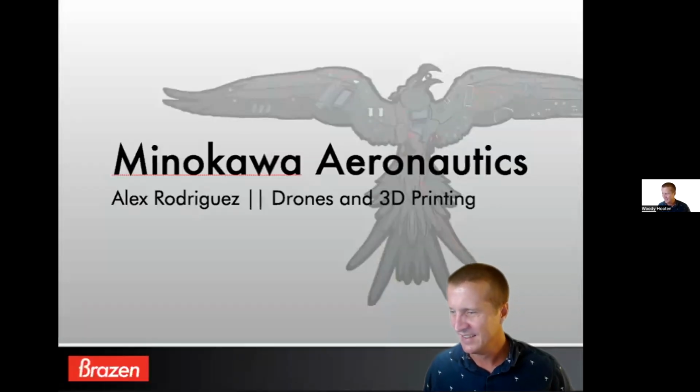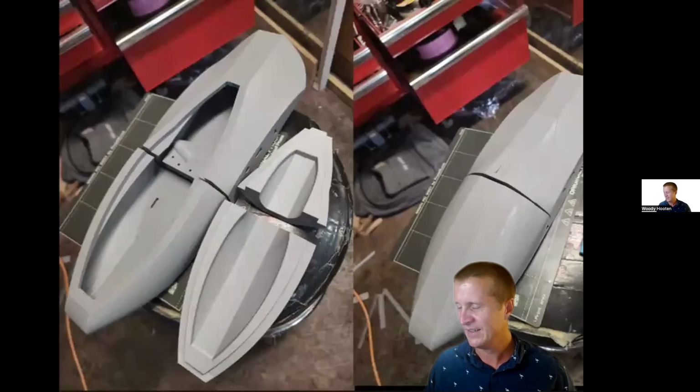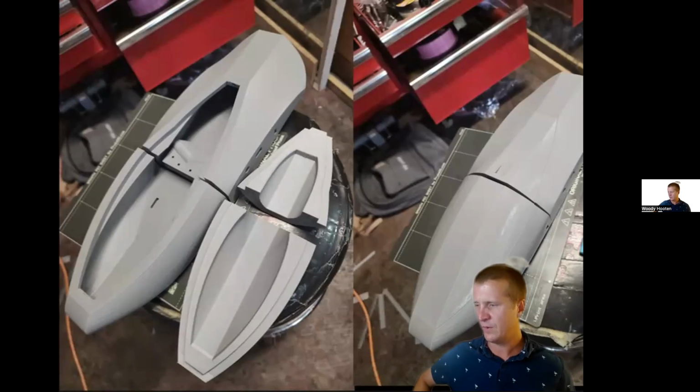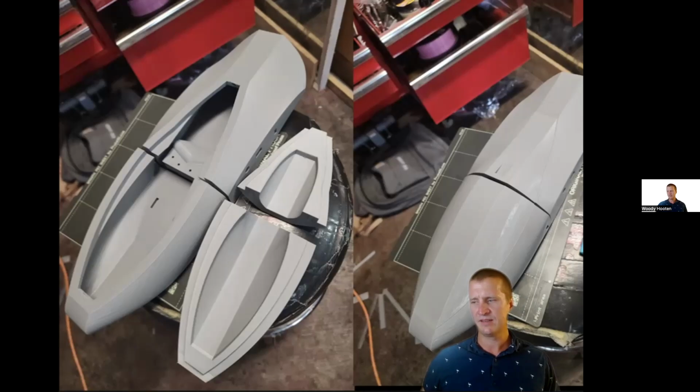All right, so on with the show. This is the latest print, or one of the latest prints. This is a lower scale model of what they're trying to do. The aim is to create a swarm of firefighting drones, and that reservoir in there is to hold a bladder of flame retardant or something like that.